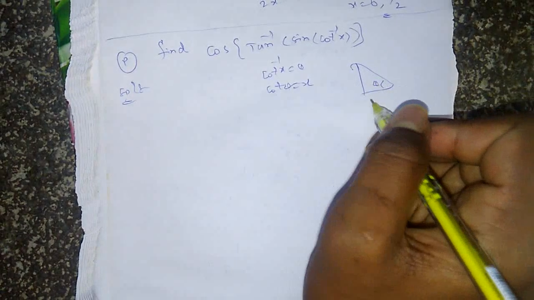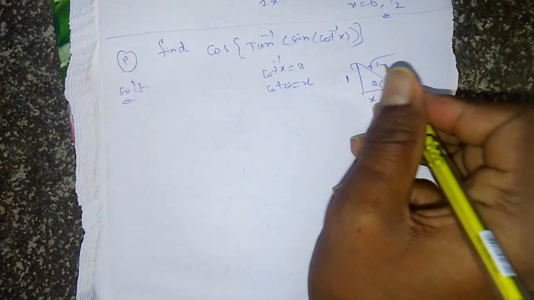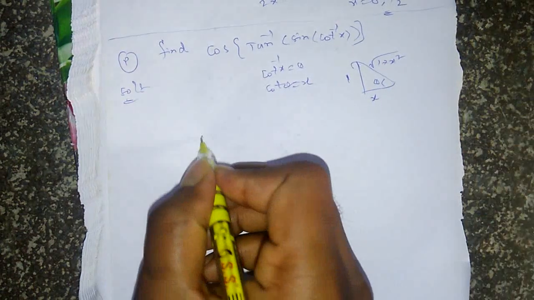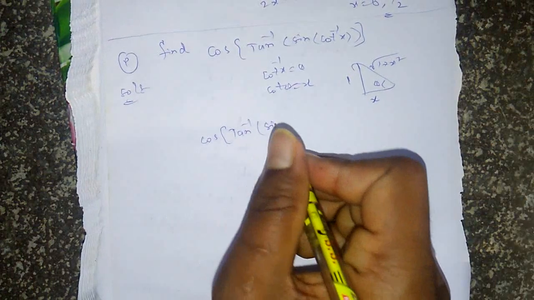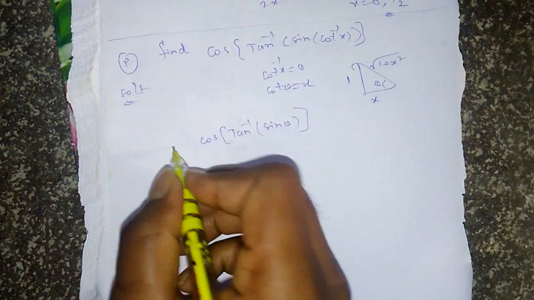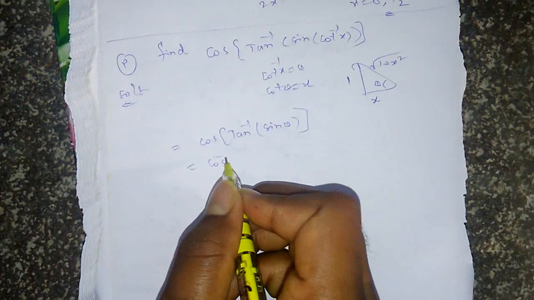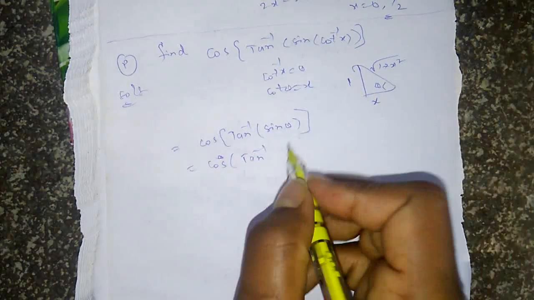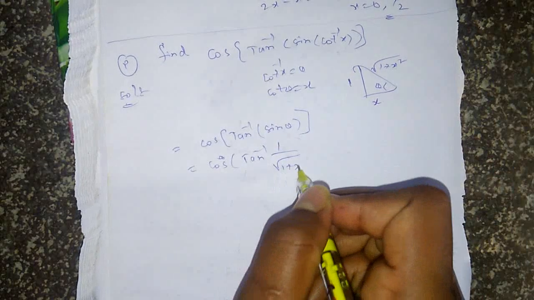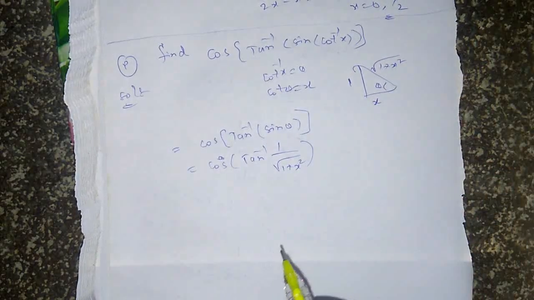So that is x by 1, hypotenuse root of 1 plus x square. So that is cos of tan inverse of sin theta. That is cos of tan inverse of sin theta, whose value is 1 by root of 1 plus x square.